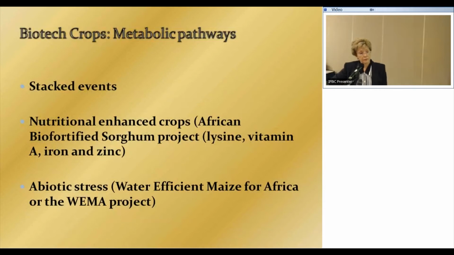So there's quite a challenge when it comes to the compositional analysis of this. The water efficiency maize for Africa project is now running in Africa, and there are major challenges, I think.